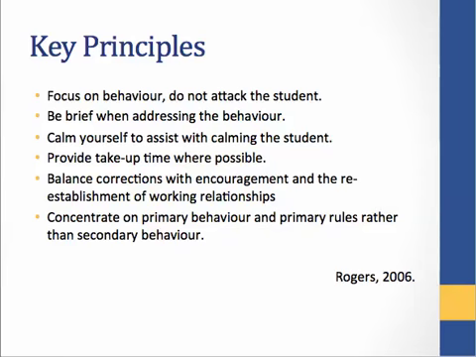And then we need to concentrate on the primary behaviour and the primary rules rather than the secondary behaviour. So for example, a student might say something inappropriate and might say it in a whining tone. So the primary behaviour is the inappropriate comment, and that's the thing that you would address, but you would ignore the secondary behaviour, the whining tone.